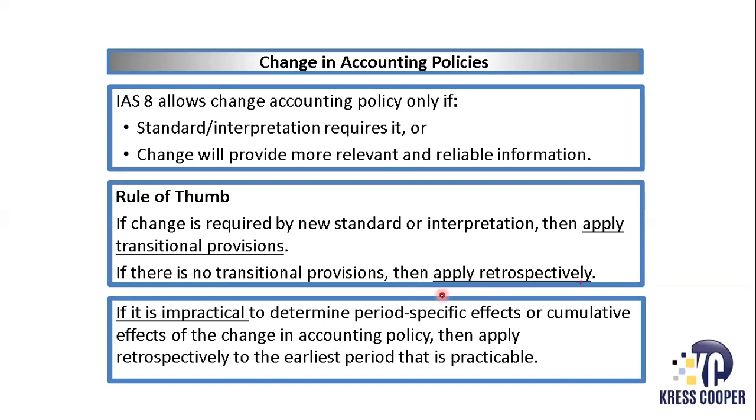From that date onwards, give the retrospective application of the change in accounting policy and give a disclosure that it was done because something was not practically possible. So if it is impractical to determine period-specific effects or cumulative effects of the change in accounting policy, then apply it retrospectively to the earliest period that is practically possible.